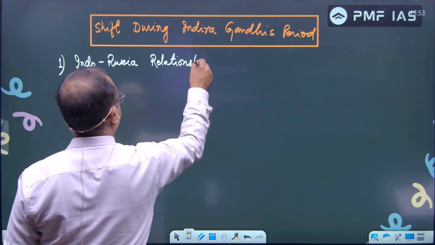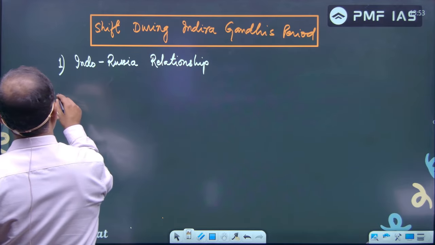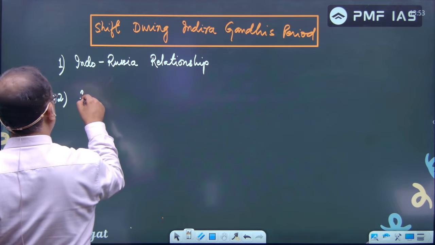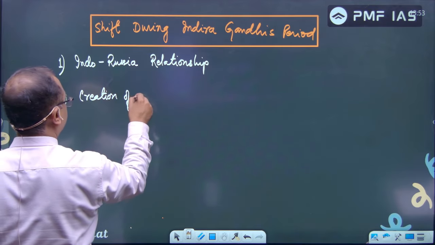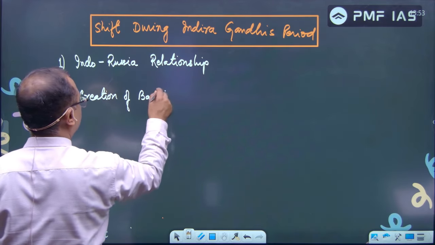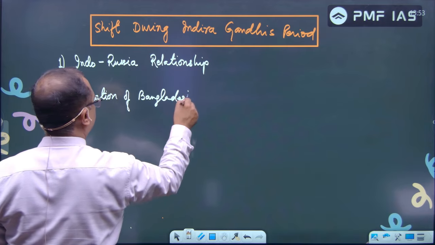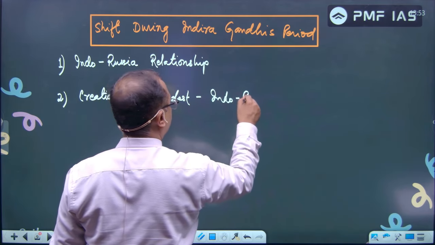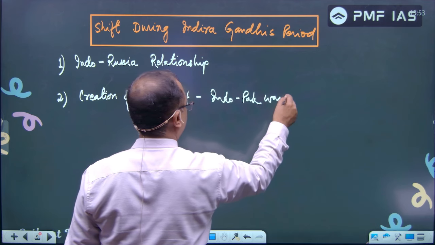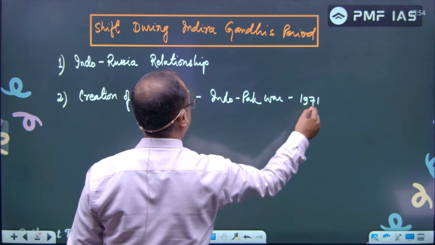Number 2, creation of Bangladesh, the Indo-Pak War, 1971.